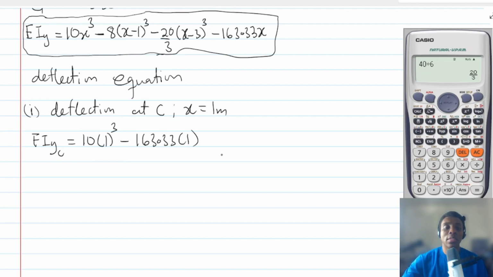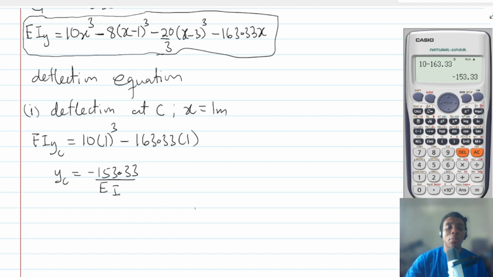So we know that YC will be what? 10. So 10 minus 163.33. That is going to be minus 153.33. Then we divide this whole thing by EI.